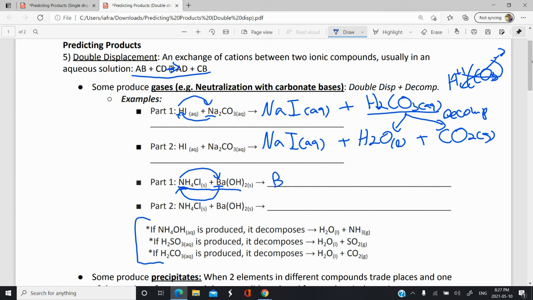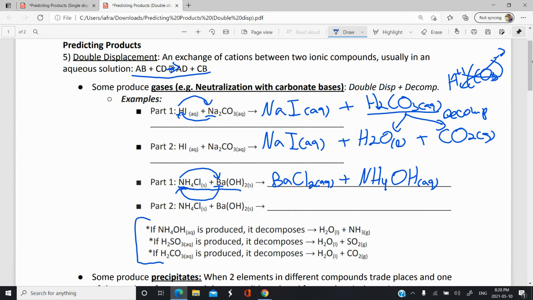So we will get BaCl2 plus we're going to get NH4OH. This here will be aqueous, and so will this.